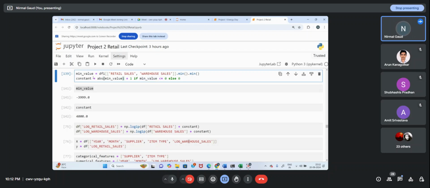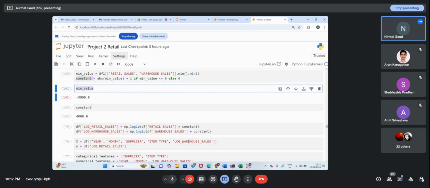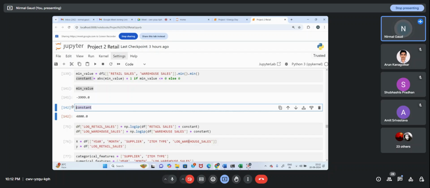Then perform this activity. Okay, so that's what I did. And the constant turned out to be 4,000. So if I am having -3,999, the answer will be 4,000. I just changed it.